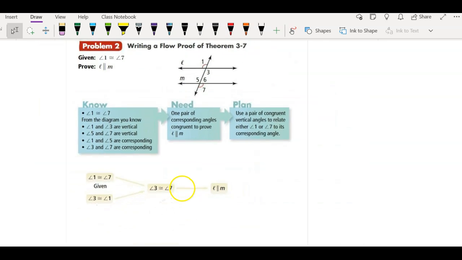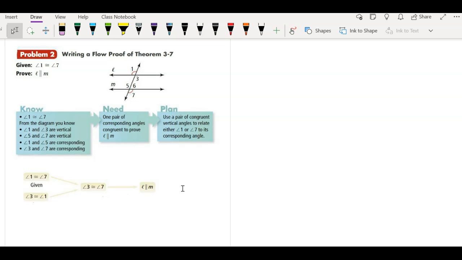So let's get started. I'm going to make it smaller so we can see the diagram. Angle 1 and angle 7 are congruent. Angle 1 and angle 3 are congruent. That's the vertical angles theorem. I'm sorry, vertical angles are congruent. So then we can say angle 3 and angle 7 are congruent.